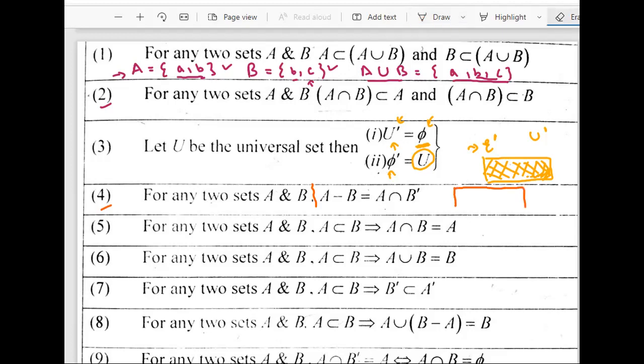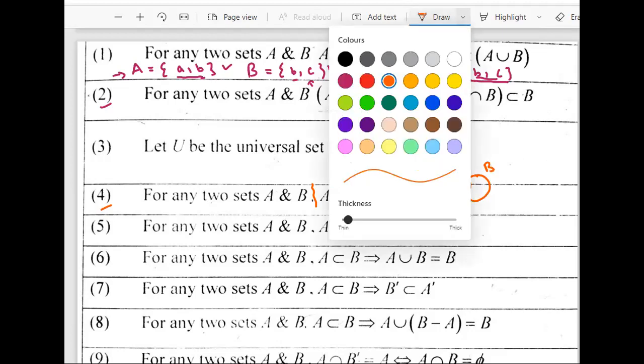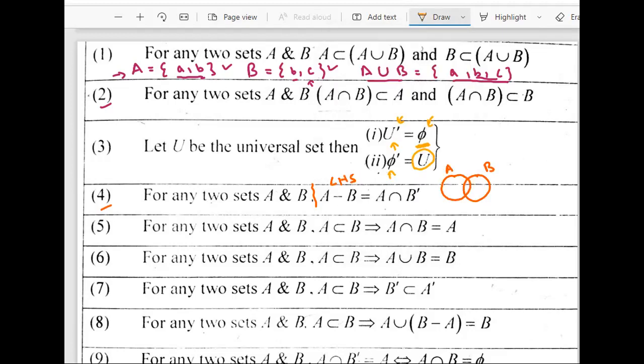For example, I don't need this square, so I'll just make two circles. First, let's talk about the left hand side. The left hand side is basically A minus B. This is A and this is B. In A minus B, I will have every element of A except those elements of A which I have in B as well.